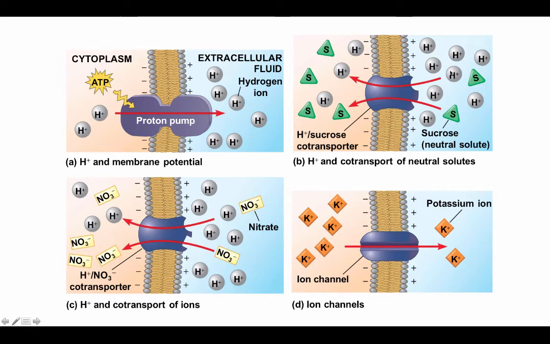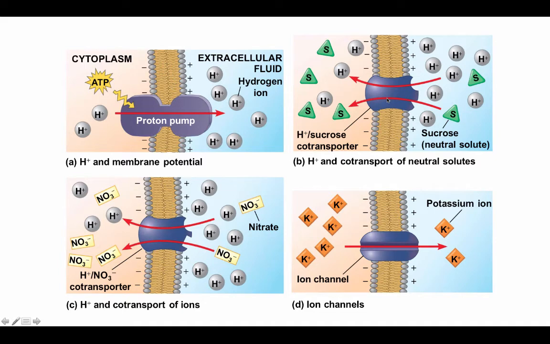Here's an example of using the potential energy stored in this hydrogen ion gradient to co-transport sucrose into the cell. This is a co-transporter protein that will allow the hydrogen ions to diffuse through along their electrochemical gradient, but only if there's a sucrose also bound that's going to come along with it.